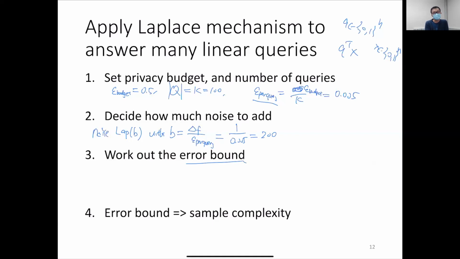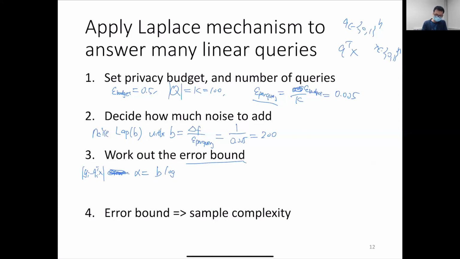Once we have that, we can also work out the error bounds of answering all linear queries simultaneously with high accuracy. Again, it involves applying the utility bound that we established for the Laplace mechanism, and this says that for every one of them, the error, which is y_i minus q_i transpose x, we define this as alpha.